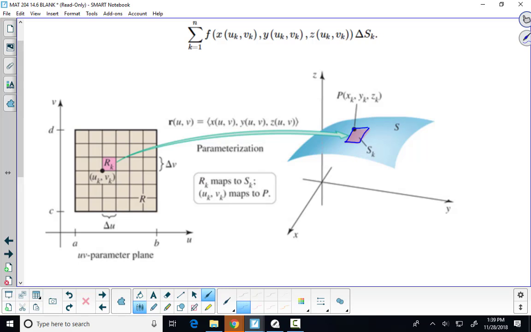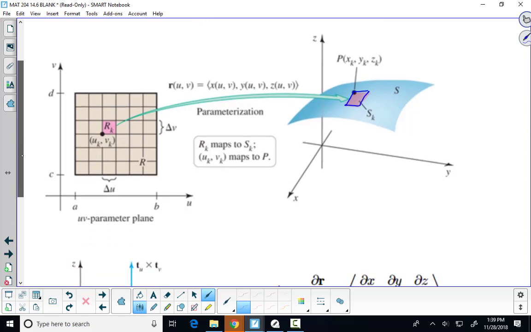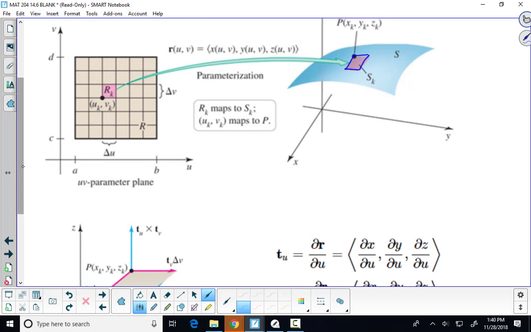So we've got our surface, we've got a tangent plane, we've got this little rectangle over in the UV plane, and it lines up with a curved patch on the surface, but then in the tangent plane there is a parallelogram that approximates that patch. The next slide will show it a little better. Does that make some sense? Every little rectangle in the UV plane corresponds to a little curved patch on the surface.